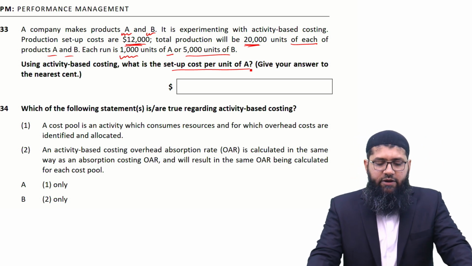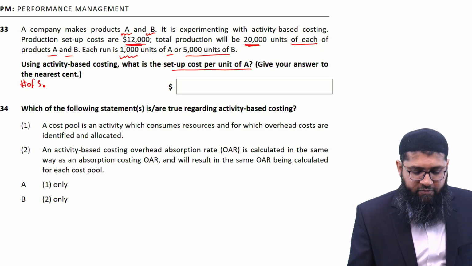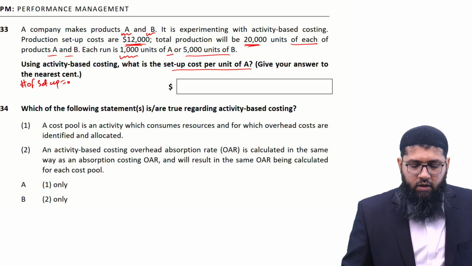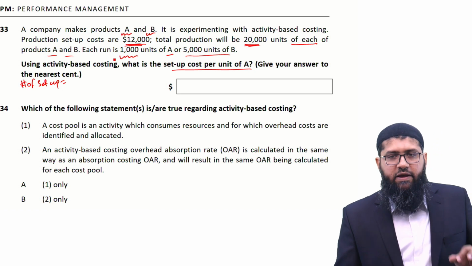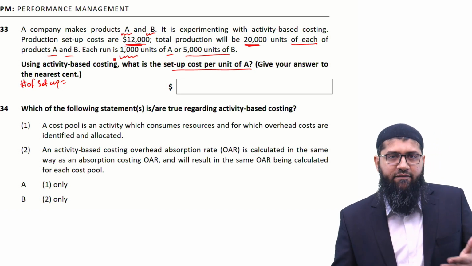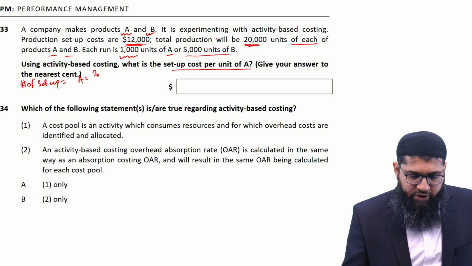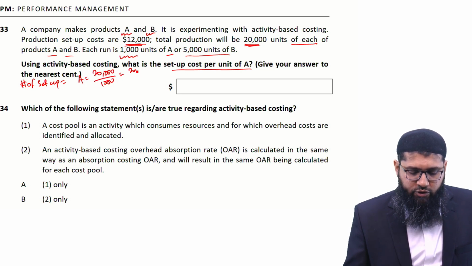Again, the first thing that you need to do is establish the number of setups. You know this thing, for each production run, 1000 units of A and 5000 units of B are there. So the number of setups for A is going to be 20,000 divided by 1000, which gives you 20.